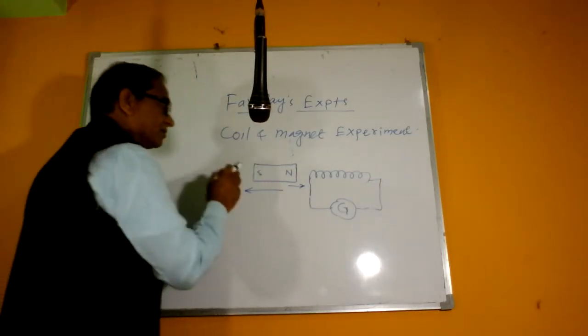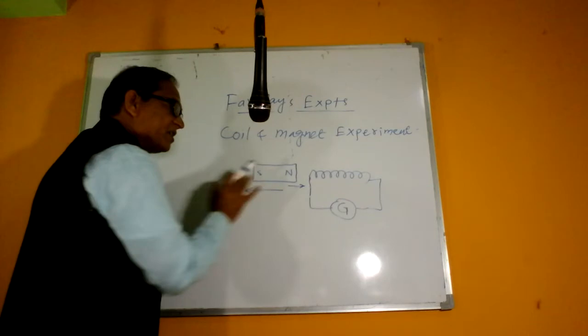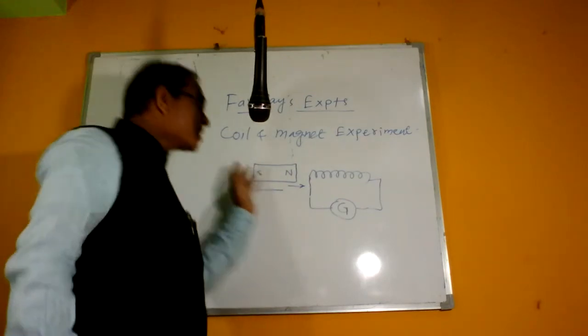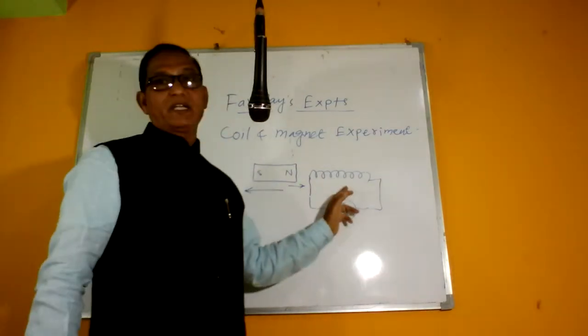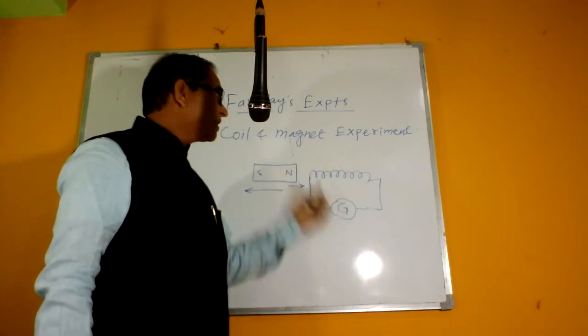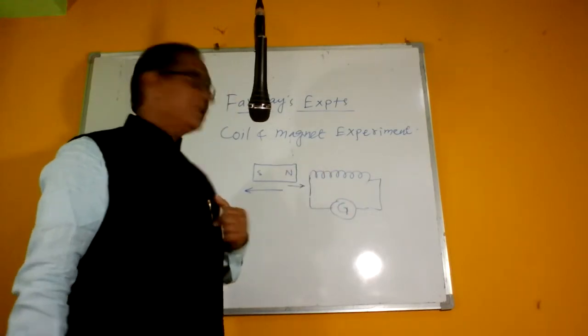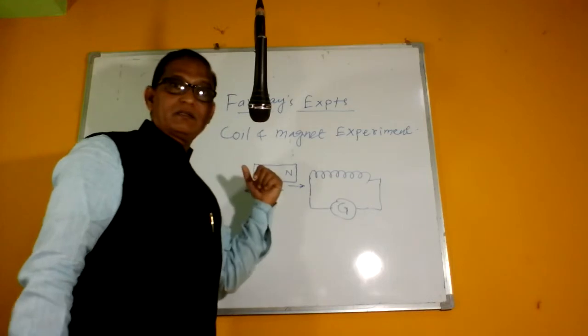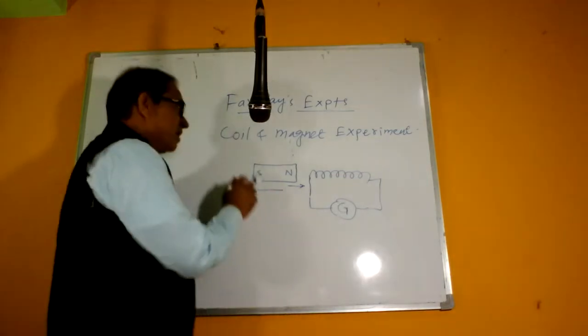With this we say that as there is a relative motion between the magnet and the coil, then only we are getting the deflection in the galvanometer. The current is set up in the coil.